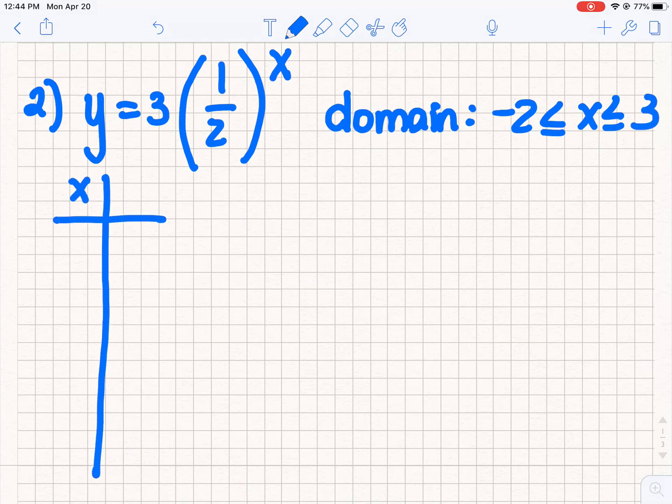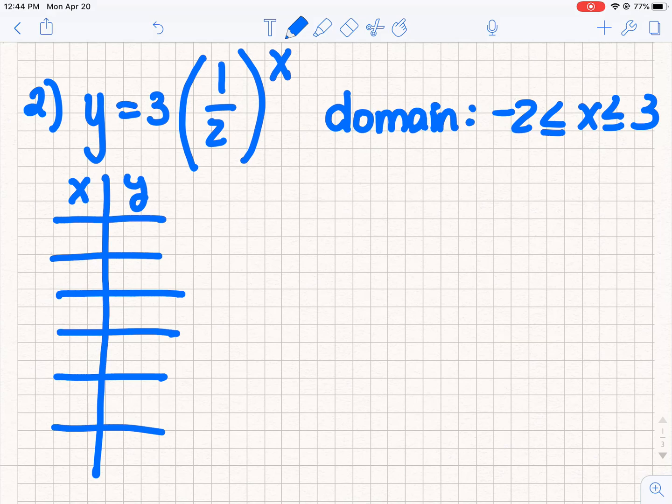I just went step by step on how to use your graphing calculator for this, so I'm not going to do it a second time. You can go back and listen to it again if you want to. Negative 2, negative 1, 0, 1, 2, 3. If you've forgotten, the way to do a fraction is to do 1 divided by 2 and make sure you use the parentheses.